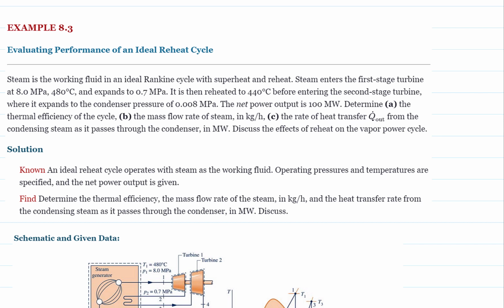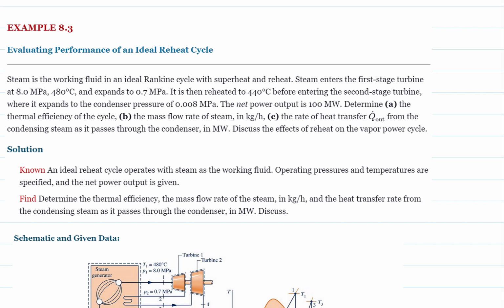The net power output is 100 MW. Determine the thermal efficiency of the cycle, the mass flow rate of the steam, and the rate of heat transfer from the condensing steam as it passes through the condenser in megawatts. Discuss the effect of reheat on the vapor power cycle.